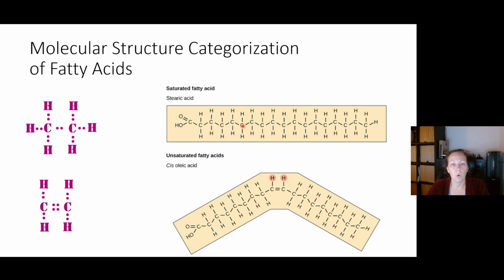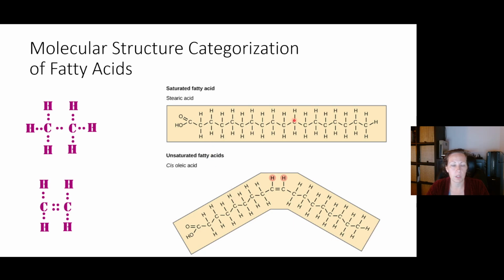Okay, so all 4 of each of these carbons' valence electrons is occupied by either 1 carbon or 1 hydrogen. And there's no pairs of valence electrons that are having to double bond to a carbon. This one here is the same fatty acid as far as number of carbons.